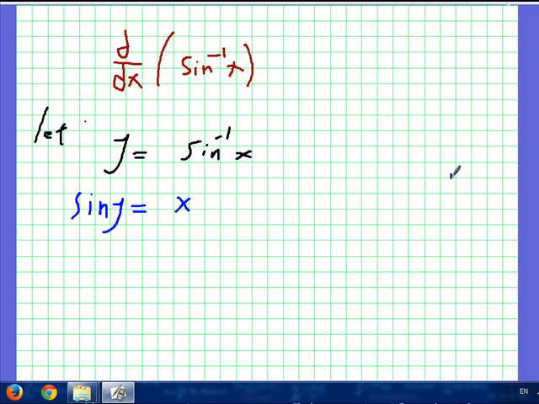We can now draw a right angle triangle with angle equal y.